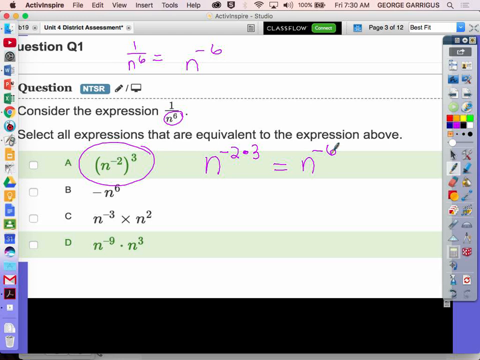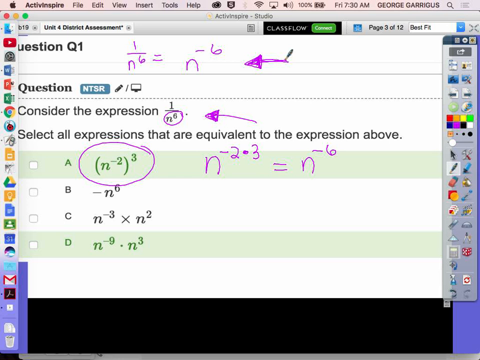Notice it does not match the one that was given here. However, they do want you to know the rule at the top. So it's really a two-step thinking.